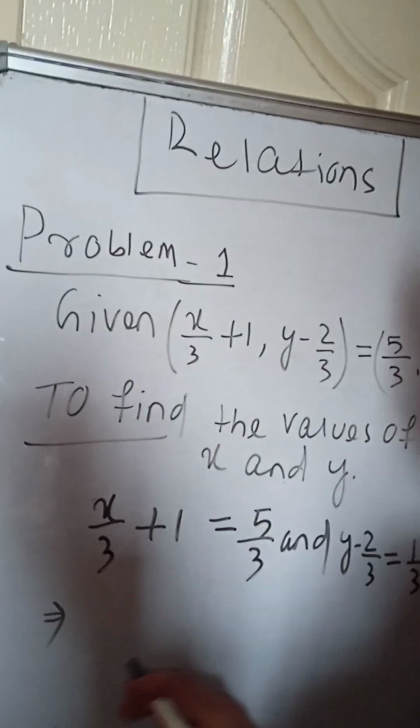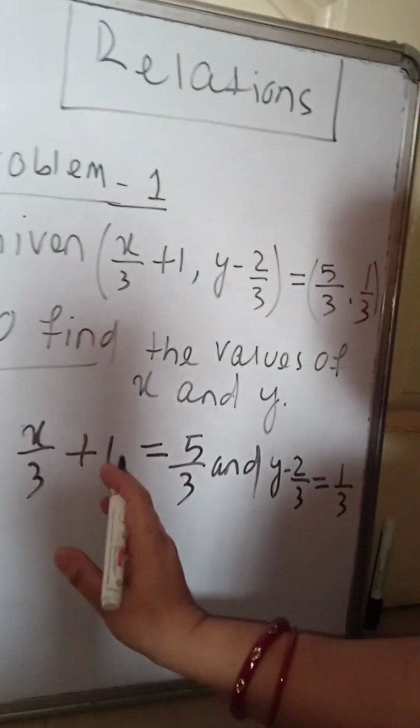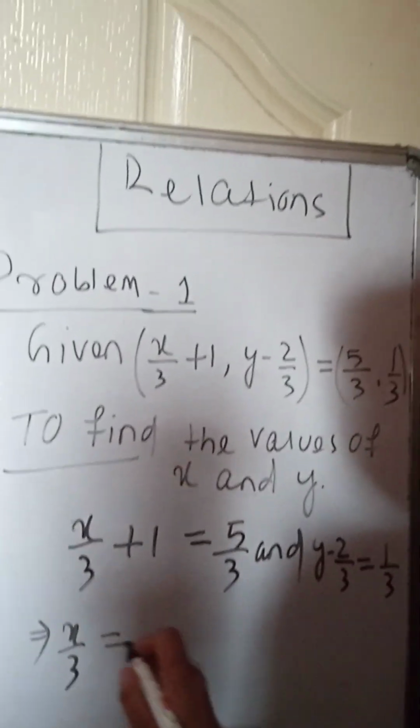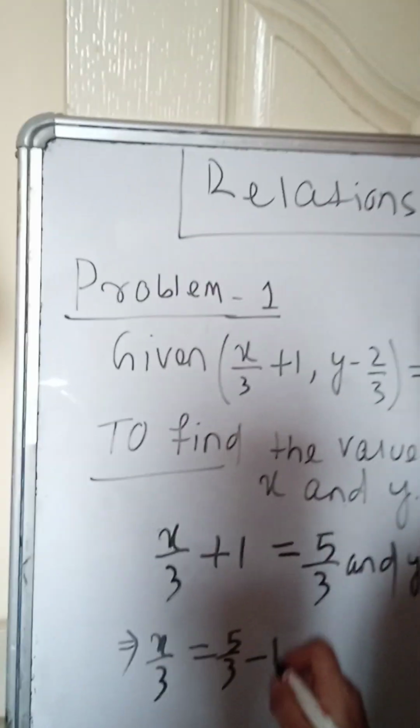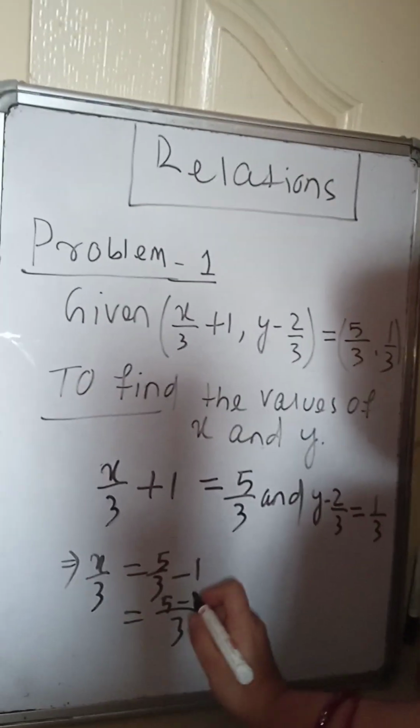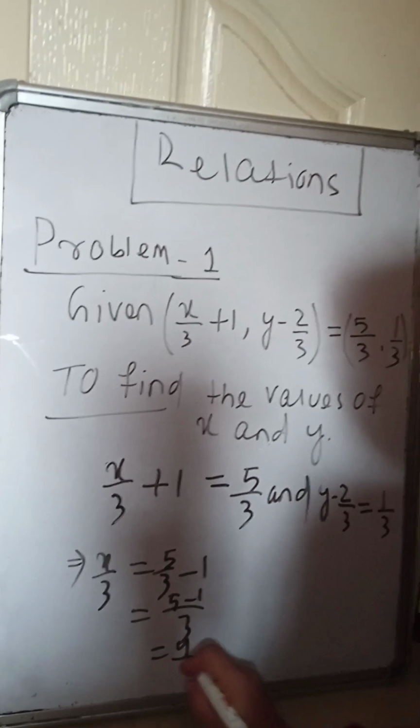Now you know from previous classes how to solve an equation: x/3 + 1 = 5/3, so x/3 = 5/3 - 1. Taking LCM 3, this is (5 - 1)/3, that is 4/3.